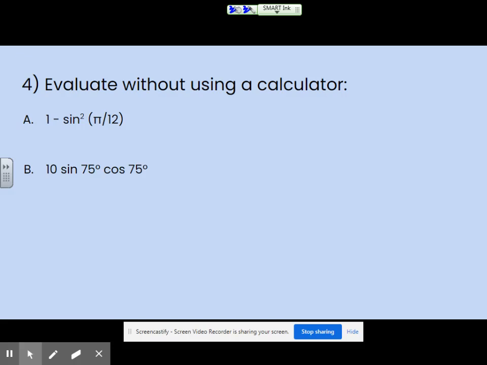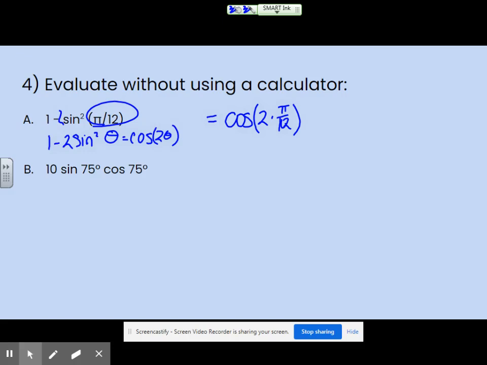I, from there, know that originally it's 1 minus 2 sine squared of some angle, and that is a cosine double angle identity. So if that is our format, and that pi over 12 is our new theta, I'm able to throw that back into our double angle original identity and say, okay, well, that's really equal to cosine times 2 pi over 12.